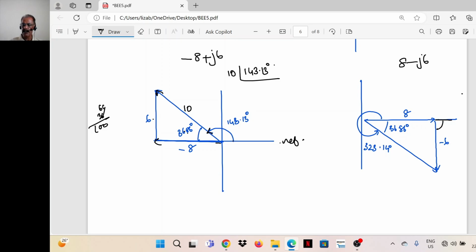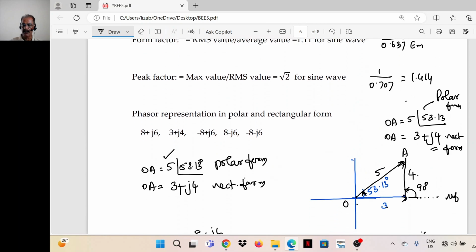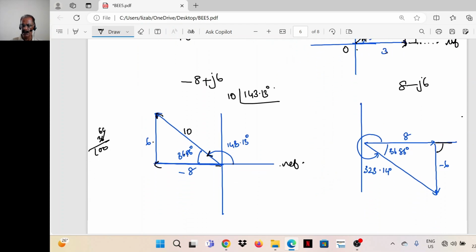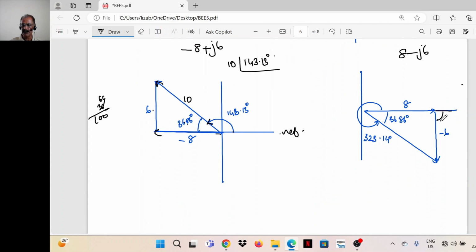In the first case, 3 plus j4, we moved counterclockwise through an angle of 90 degrees, so it is plus j. Here it is clockwise 90 degrees, minus j. So 8 minus j6 is the phasor. Let's represent it as OA.